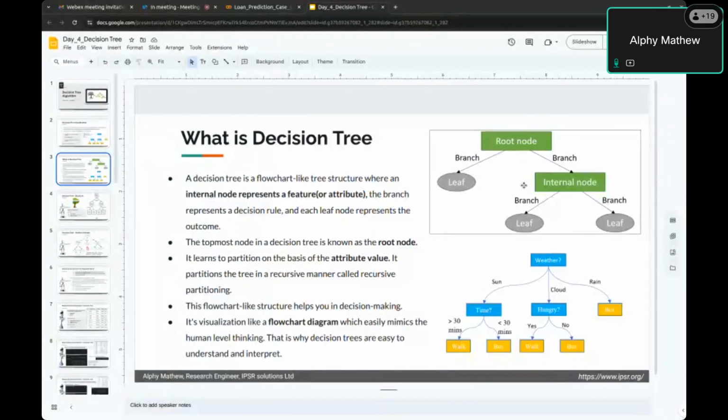Below the root node, there will be internal nodes, which are the other questions asked along the way. Each internal node checks a specific feature and helps split the data further. In between the nodes, there will be branches. These connections are the branches.